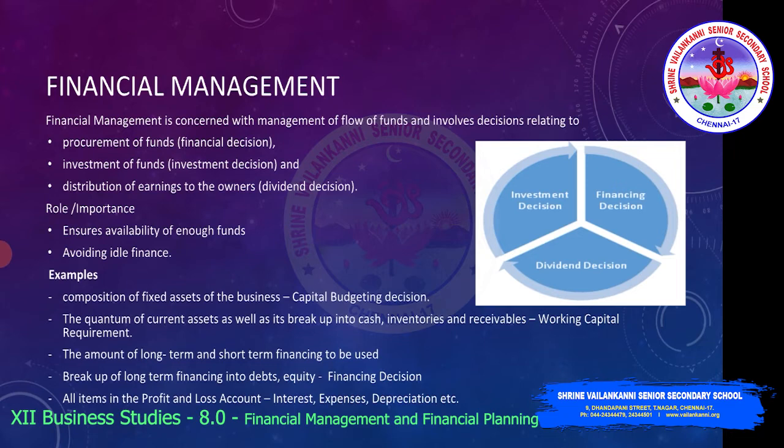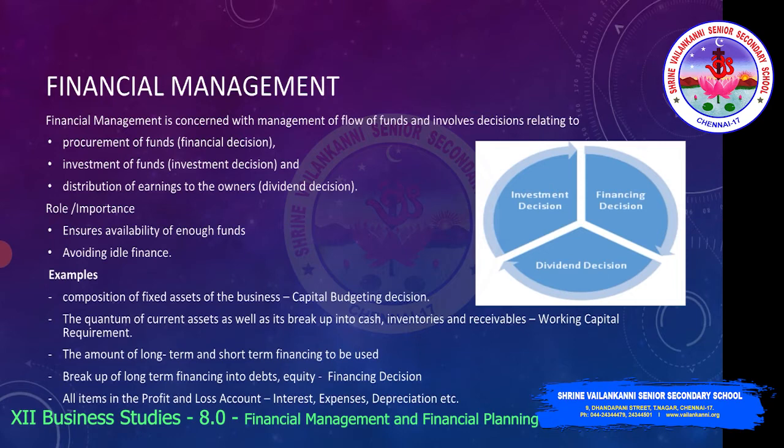The next category is the breakup of long-term financing into debt and equity, that is the financing decision, and all other things related to the P&L account, that is interest, expenses, and depreciation, etc., should be stated here.